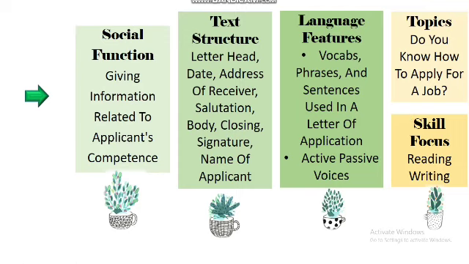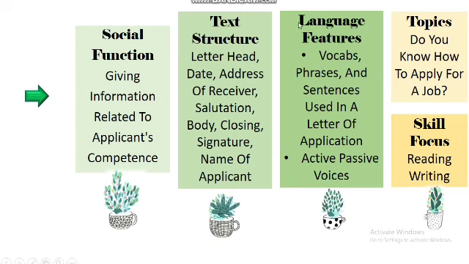Okay, now here we go with Chapter 4. In Chapter 4, we will study social function, text structure, language features, topic, and also skill focus. In social function, we will study giving information related to applicant competencies. In text structure, we will study letterhead, date, address or receiver, salutation, body, closing, signature, name of applicant.